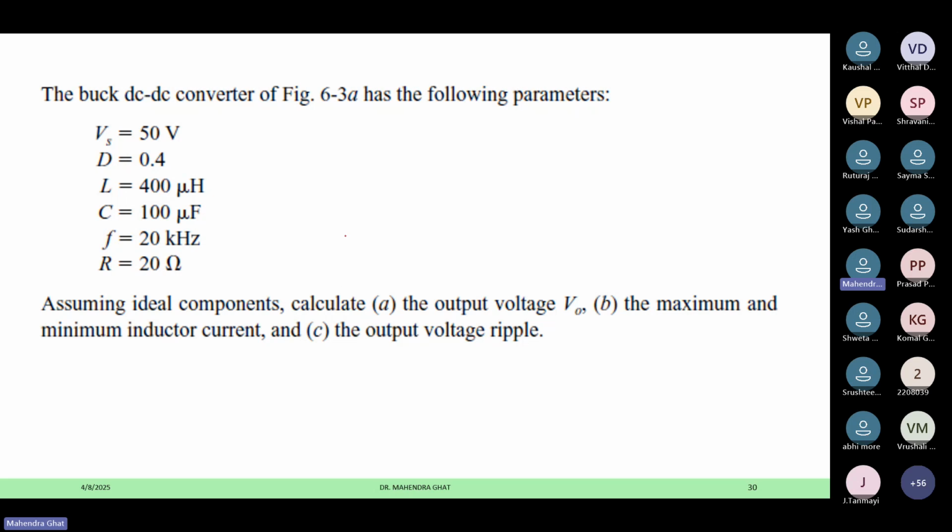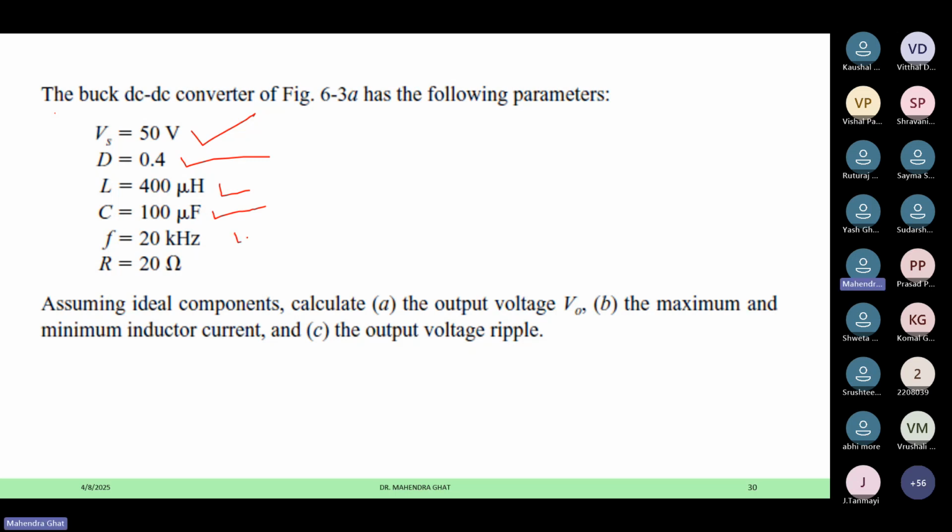So this is one example of the converter. The buck DC-DC converter of the figure, the same one which we are considering, where the input voltage is 50 volt, D is given already as 0.4. Then the inductance is given as 400 microhenry. Capacitance is given as 100 microfarad.